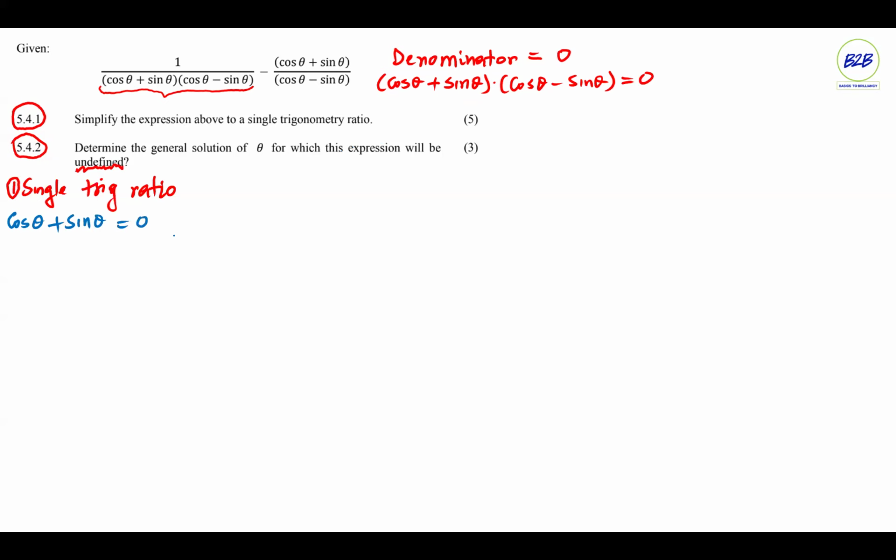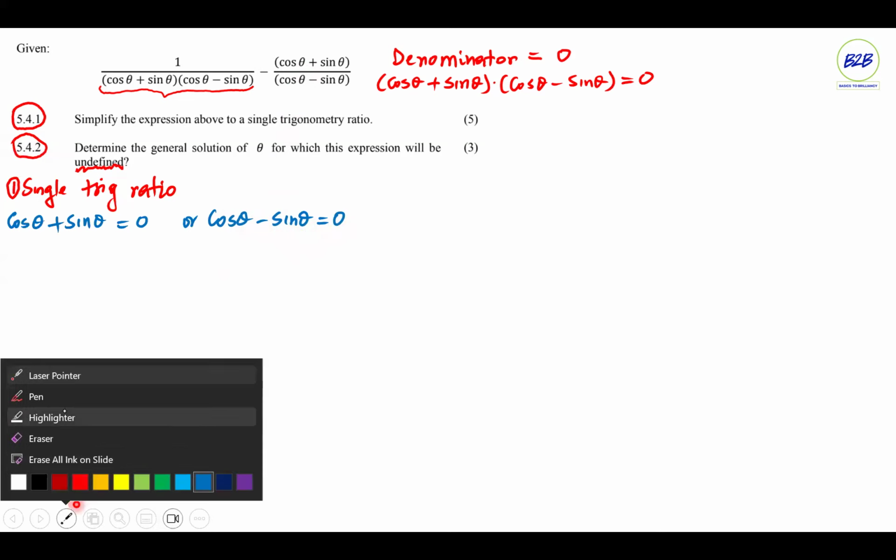The second bracket is cos theta minus sine theta equal to 0. The reason we didn't take the second denominator to be equal to 0 is that we were going to have a duplication: cos theta minus sine theta equal to 0 twice.